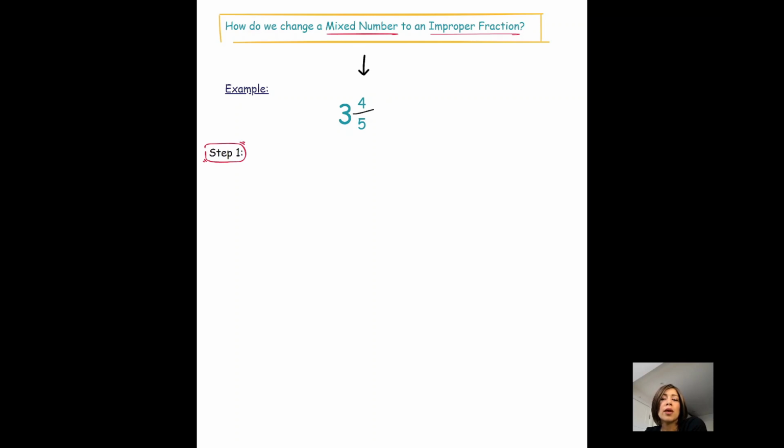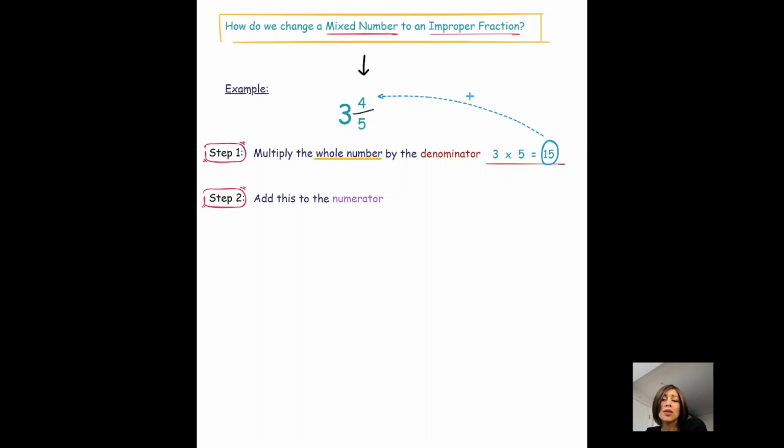So step 1, we multiply the whole number, which is 3, by the denominator, which is 5. 3 times 5 gives us 15. Step 2, we then take this 15 and we add it to the numerator.